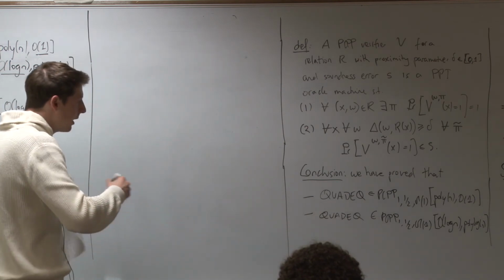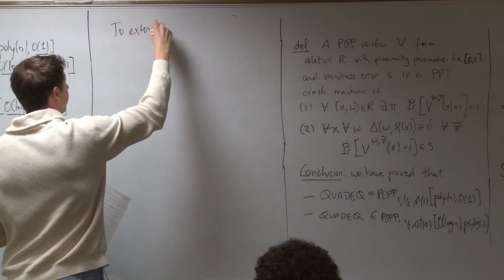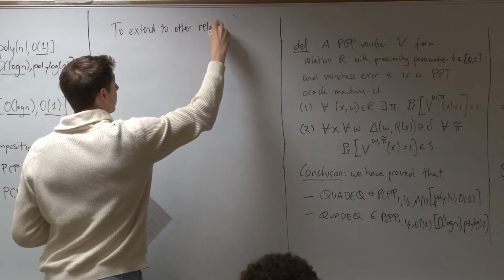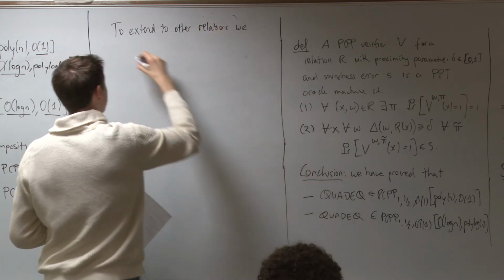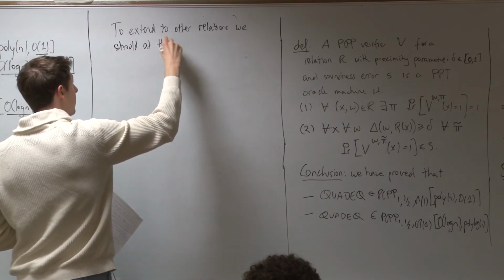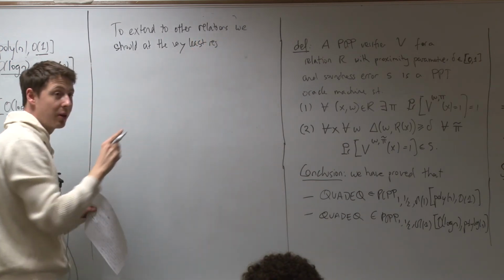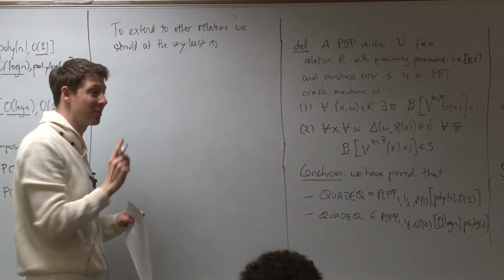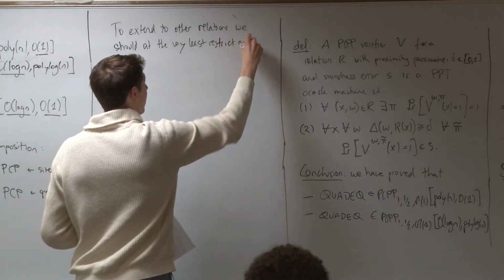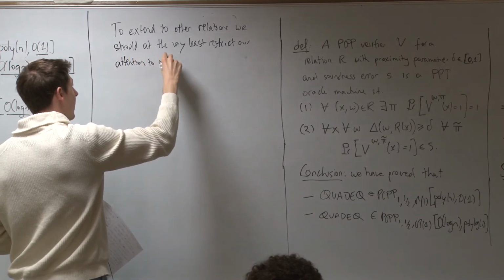So to extend to other relations, we should, at the very least, and I say the very least because it's a necessary condition, it's not going to be sufficient, as I mention in a moment, restrict our attention to systematic reductions.